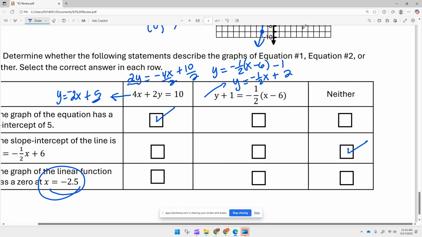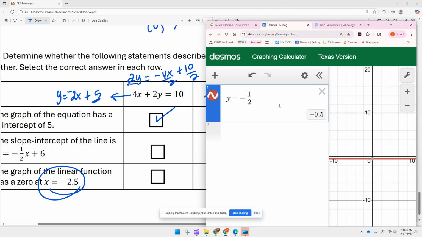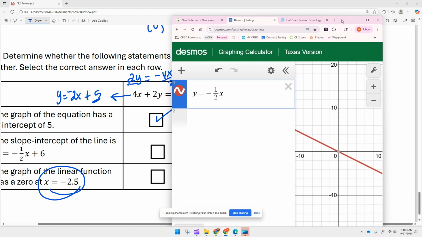All right, let's look at this one. That has an x-intercept of 4.